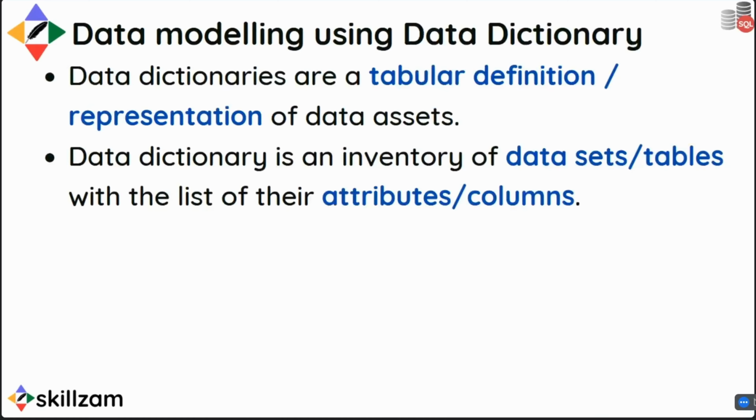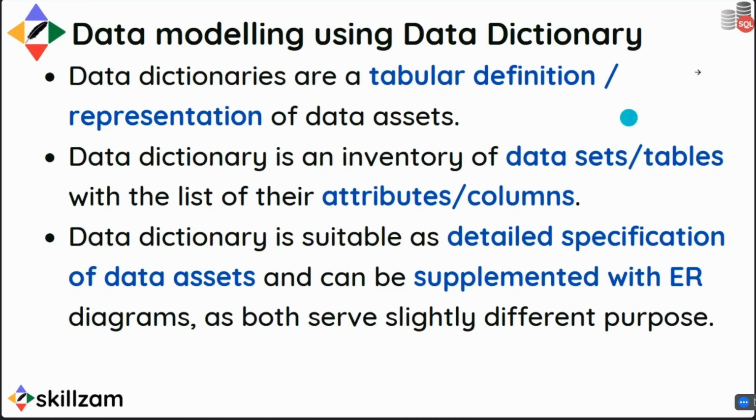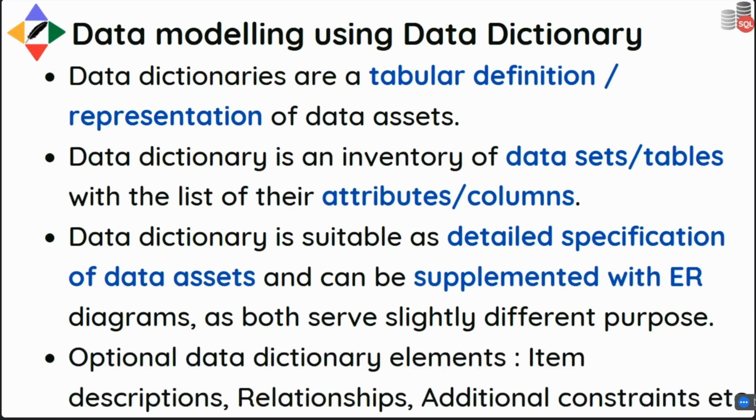Now, the next thing is called a data dictionary. As you know, the data dictionary is in a tabular format, which is a table-like structure. It contains the data sets or tables, which contain the columns or the attributes, what data type each column is, a description of it, and other details.